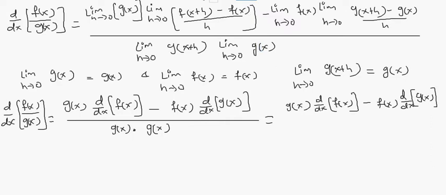All this divided by g of x times g of x is g of x squared.